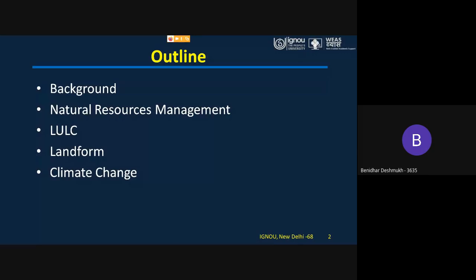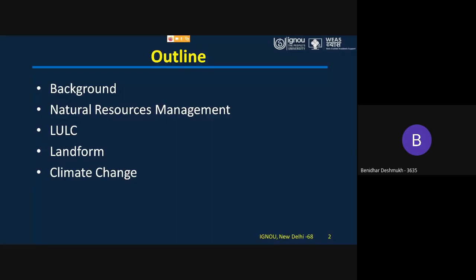So here we see how the landform is mapped and how that is important for a lot of application areas. I'm not trying to categorize into land, water, and air, but I will give you initially LULC, the land use land cover, and then I'll discuss some of the landforms and how those are useful for deriving a number of pieces of information.